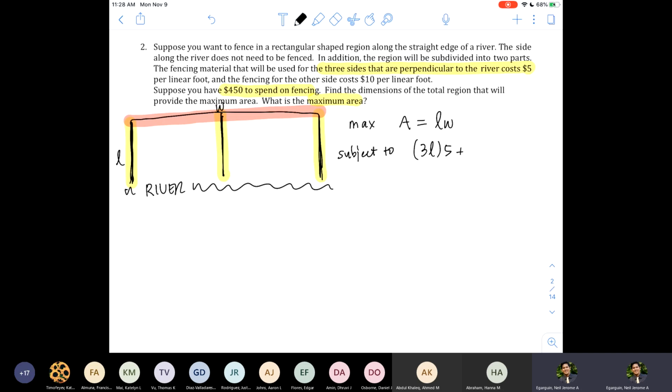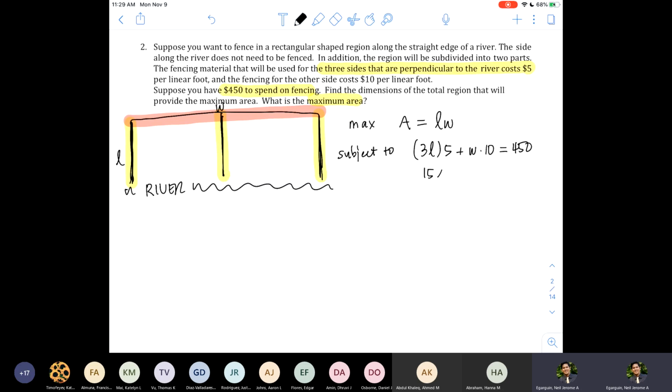Plus, the one highlighted in red is parallel to the river, and the problem says that it will cost $10 per foot to fence it. So that's going to be $10. But how long is that? Oh, I call that W. So that's going to be 10 times W. And the total amount should be equal to $450 according to the problem, right? So I'll just simplify the constraint.